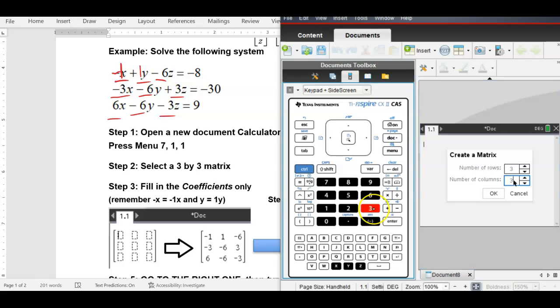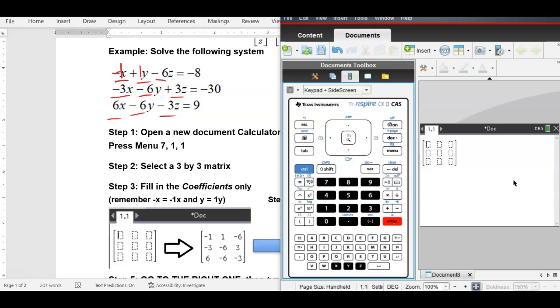What's the zero matrix? Yeah, under the matrix there's a zero matrix. All right, now you do a 3 by 3 matrix. Does everyone have 9 boxes on your calculator? Okay, get there.